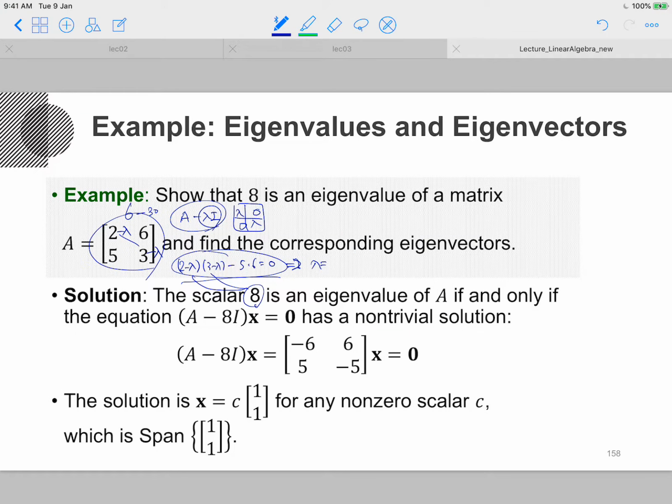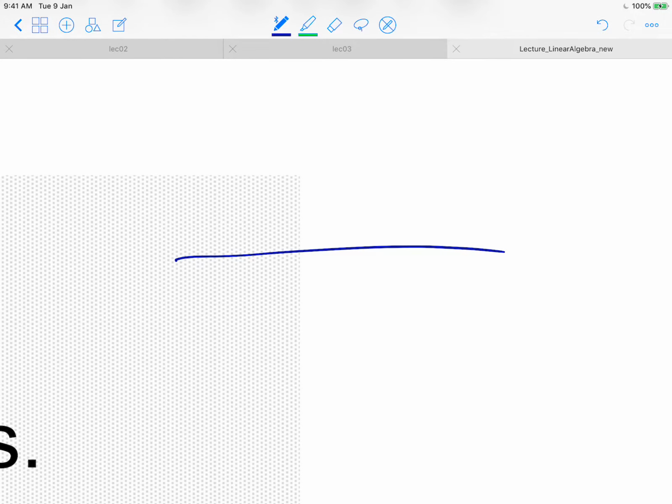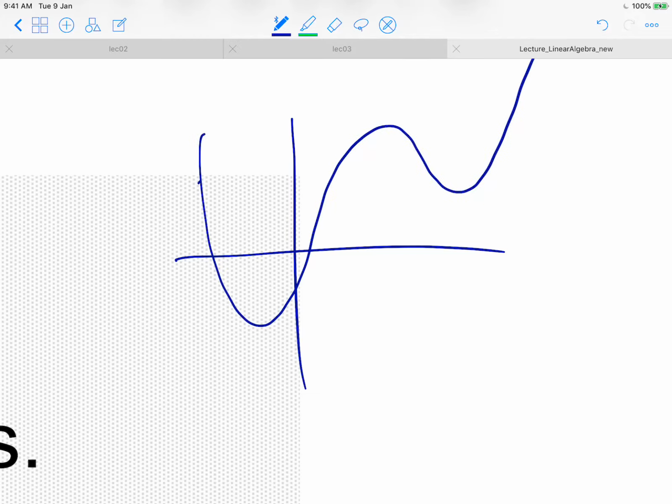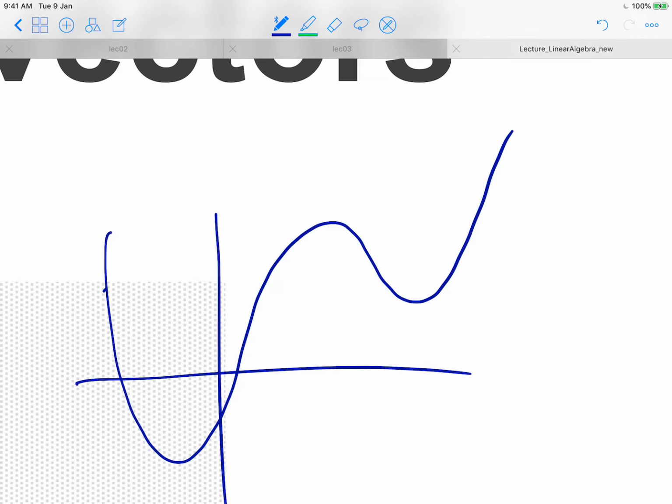You guys know how the Newton method works. It is like this. Suppose our given function is like this, and it's basically an iterative process that finds the solutions.